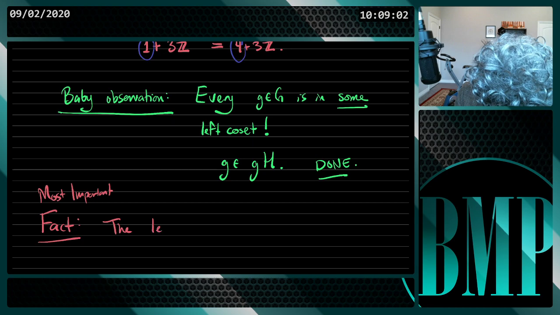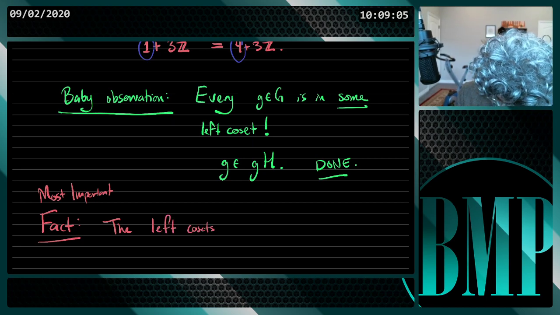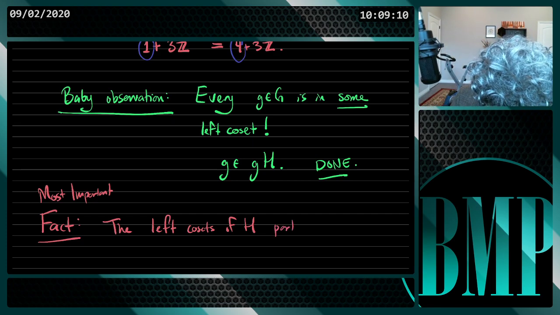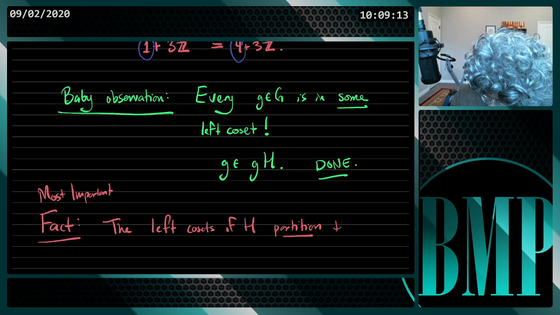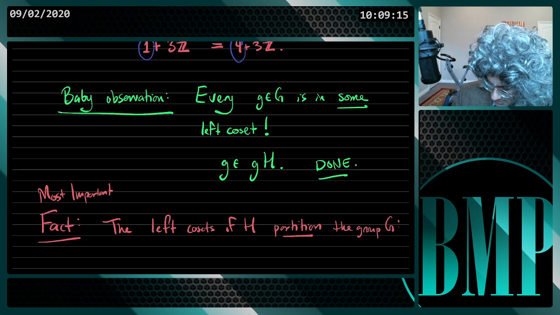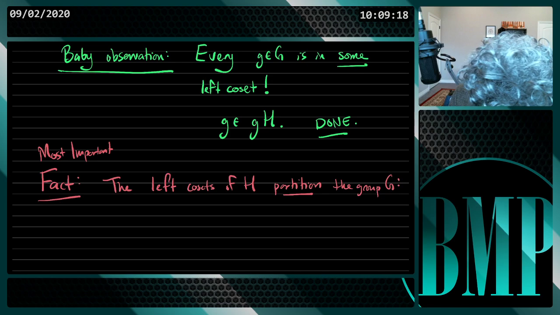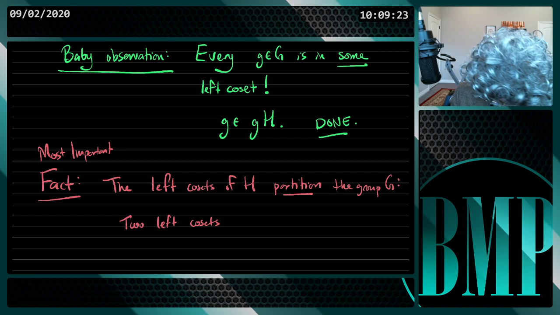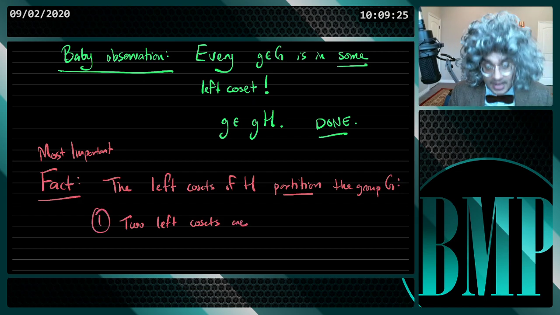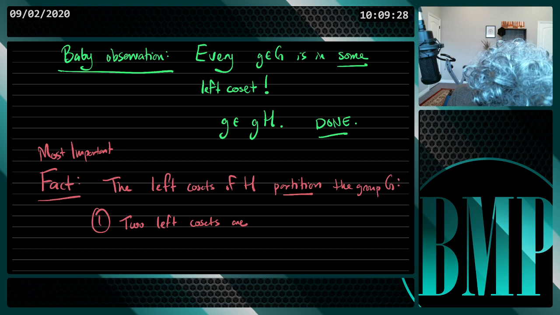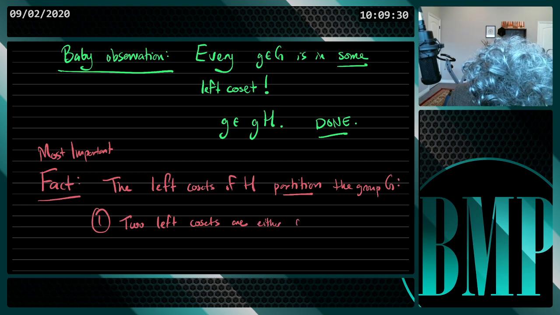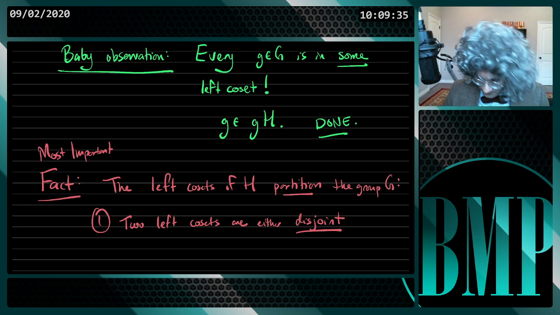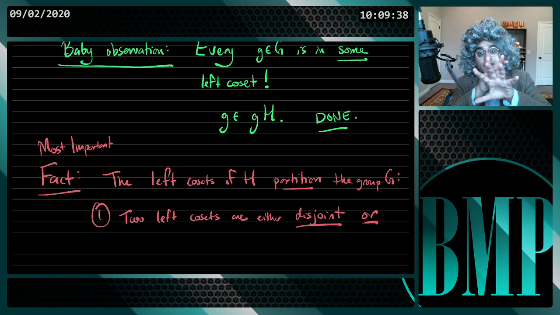The left cosets of H partition the group G. In other words, this is the same as saying two left cosets are either completely disjoint, they don't intersect, or they are literally the same set.